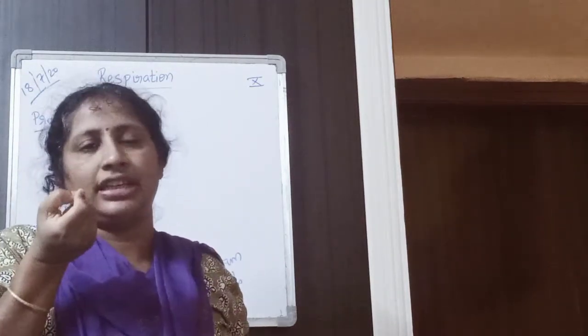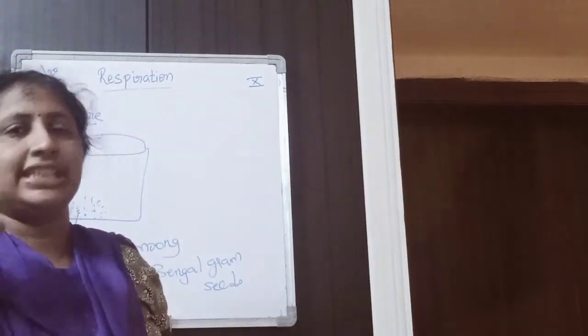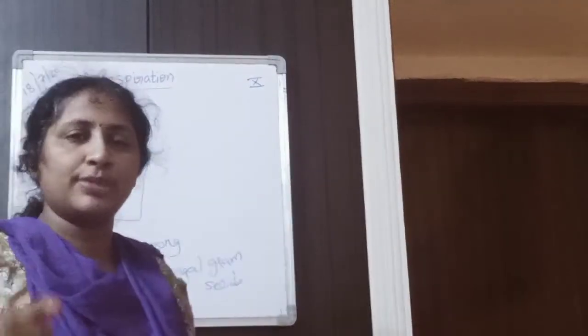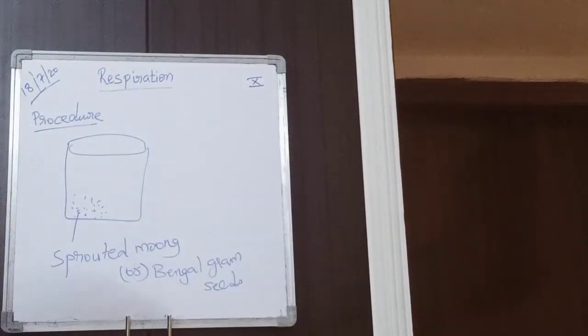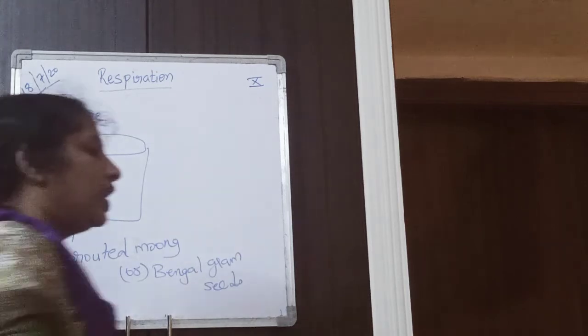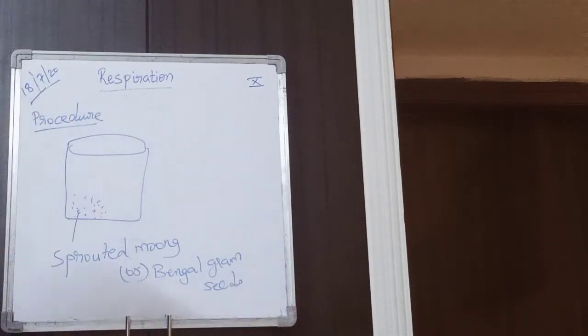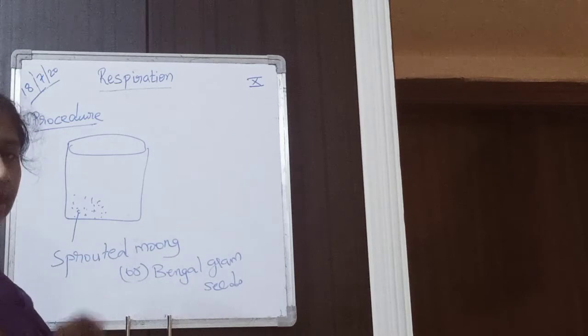Take those sprouted seeds for this experiment. Clear? Now put the sprouted moong or Bengal gram seeds in the flask.